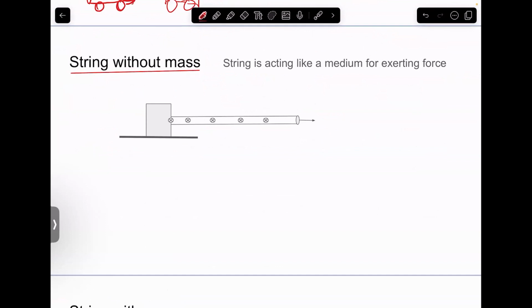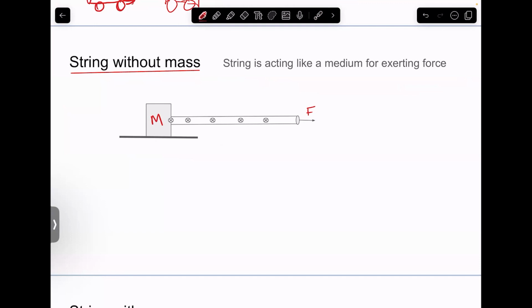Consider a string like this. This is a string, and this is a force exerted on the string, and you're pulling an object of mass m. So you're using this force F to pull an object of mass m, using a string without mass, or with a negligible amount of mass.